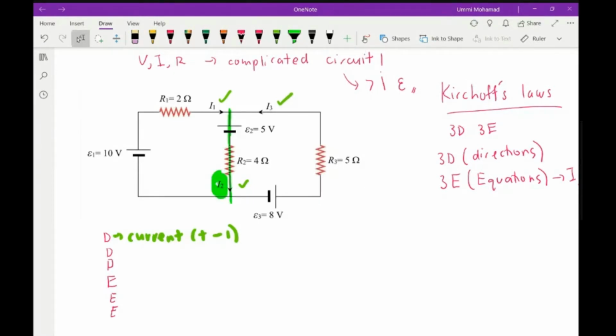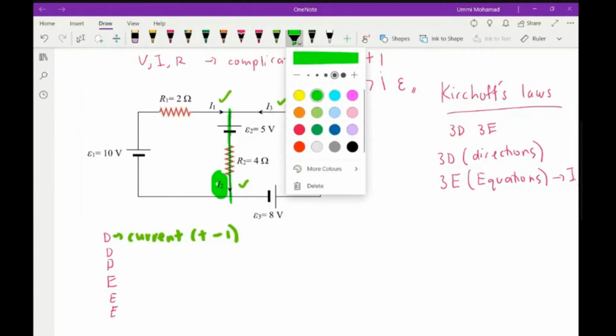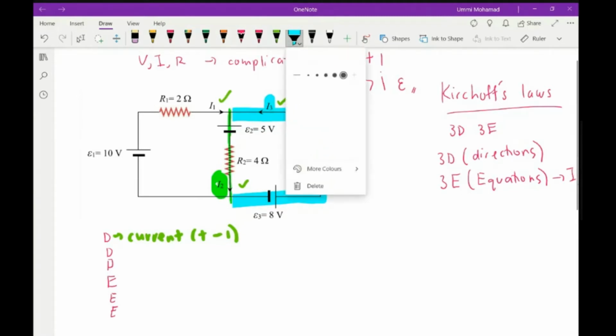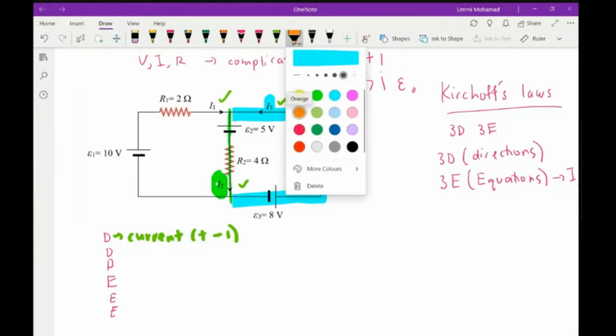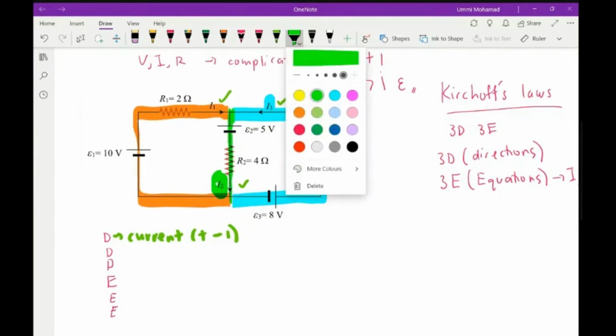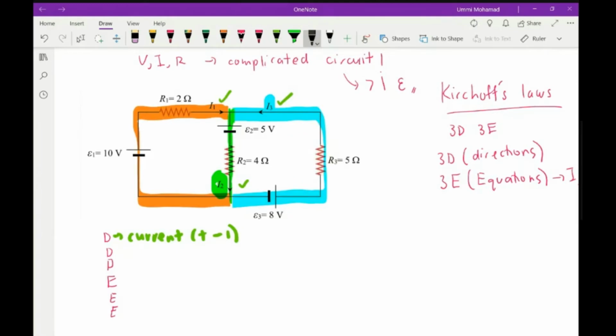And then let us take another color. This is one wire, for I3. And let us take another color, we have orange here. This wire is for I1. So we have 3 wires. In this case, the first D is already drawn. I1, I2, I3 are ready in the question.